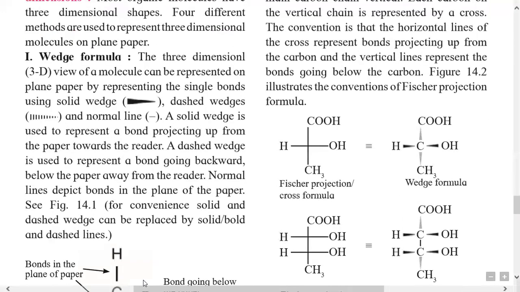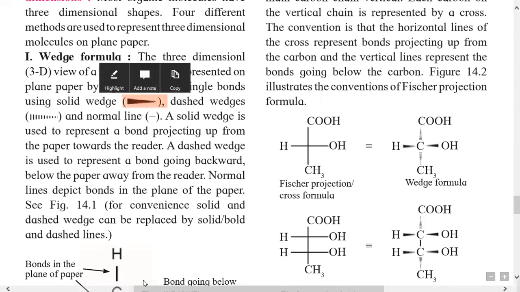Out of that, one is the Wedge formula. In the Wedge formula, the three-dimensional view, in short called the 3D view, of the molecule can be represented on plain paper by representing a single bond using a solid wedge. It can be shown like this.